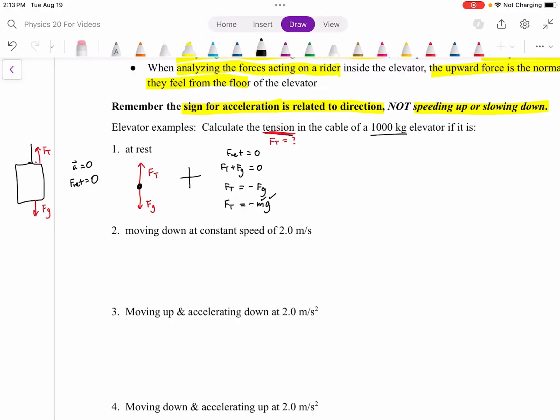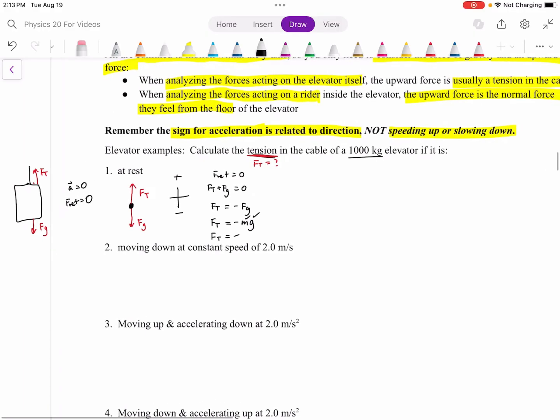Now, before I do that, I'm going to define up as positive, down as negative, and we're good to put in our numbers. Mass is 1,000 kilograms. And acceleration due to gravity, gravity accelerates you downwards, so negative 9.81 meters per second squared, to get that our tension is negative, so positive 9,810 newtons.